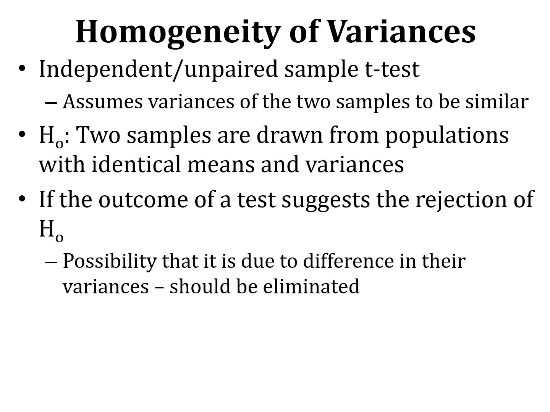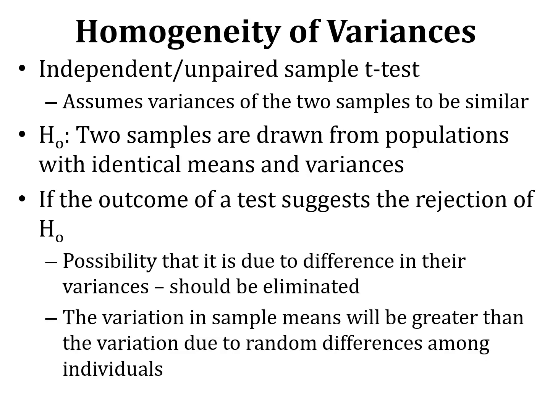So we need to check for homogeneity of variances between the two samples before we actually apply the t-test for unmatched observations. Otherwise, the variation in sample means will be greater than the variation due to random differences among individuals, so we need to make sure that this is not the case.